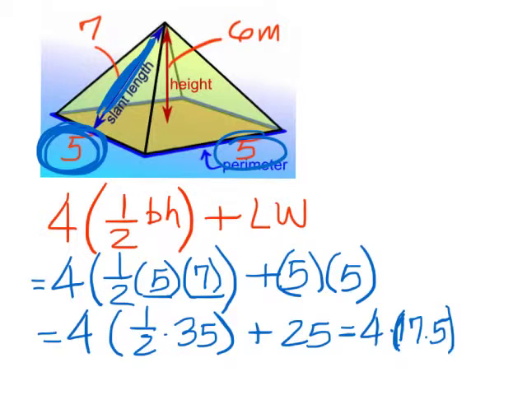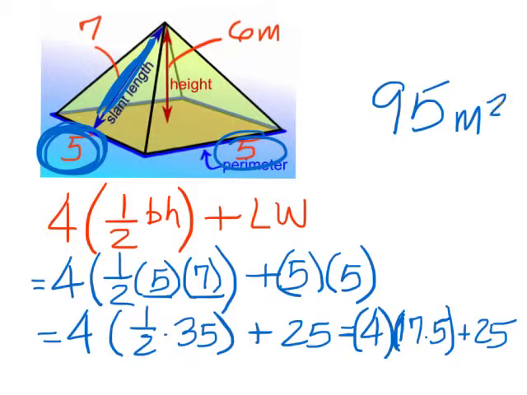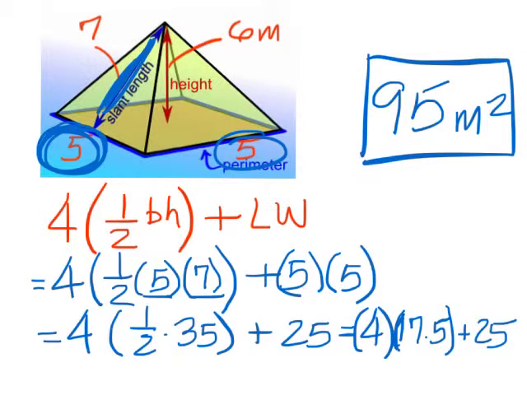Better put parentheses around those. And then you would have plus 25 at the end. So just plug it all in, 4 times 17.5, and then plus 25. Should come out with 95 meters squared for the surface area of the pyramid.